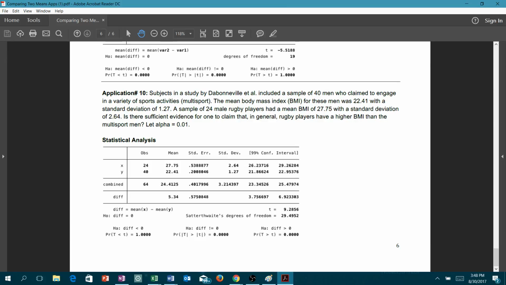I'm confused about 10. Did any of the multi-sport people do rugby? They probably did, because it's multi-sport, all 40 of those people. That's a crossover right there. No, I think it's 24 other people.